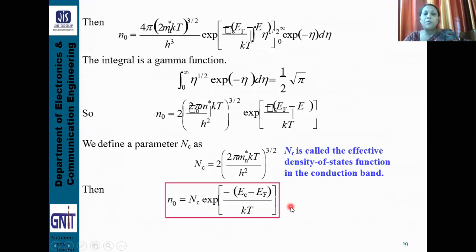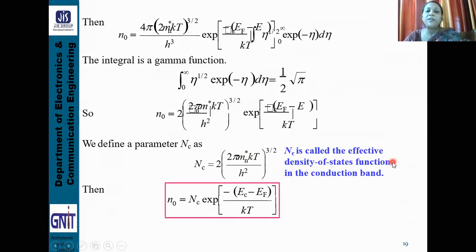If we move to our next slide, we will find this formula, which was already mentioned in an earlier slide. If we approximate this formula by putting eta in place of (EC − EF)/kT, then we can write 1/(2√π) as the resultant factor, and n0 can be written as 2 times this, e to the power this, and this portion, (2π m* kT/h²), can be written as NC.